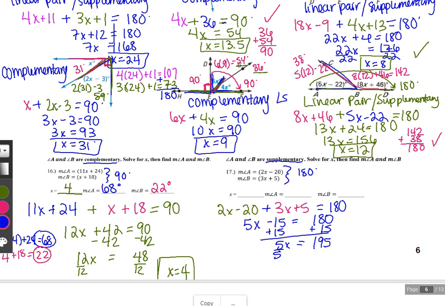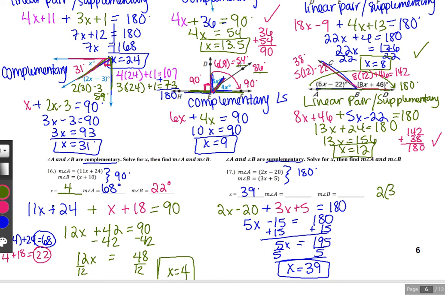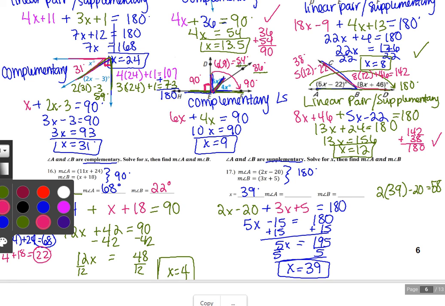Alright, so if x equals 39 degrees, then let's substitute that value into our angles and see if they still add together to equal 180. So angle A was 2x minus 20, so instead of x, I'm substituting 39, so we have 2 times 39 minus 20, and that should equal 58, and then for angle B, I had 3x plus 5, so I'm substituting in 39, so 3 times 39 plus 5, it's going to be 122.